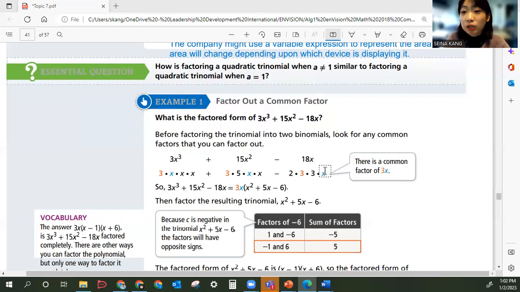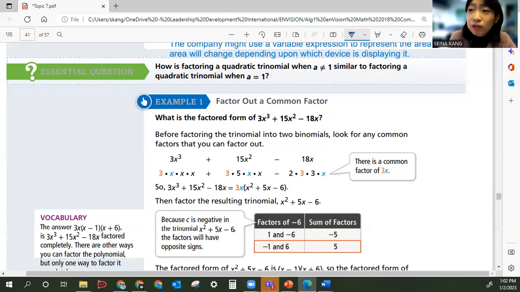So you prime factorize the coefficients, and you break your variables down. And so you can see there is a common factor of 3x. You see 3 and x in all of these terms, right? So you're going to factor 3x out.